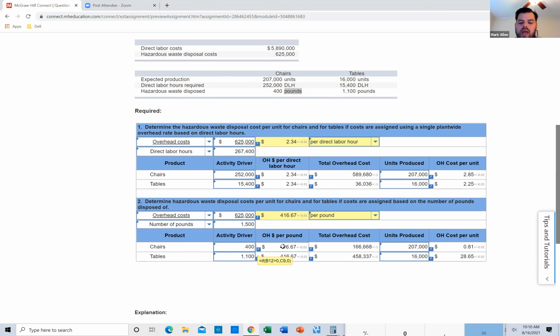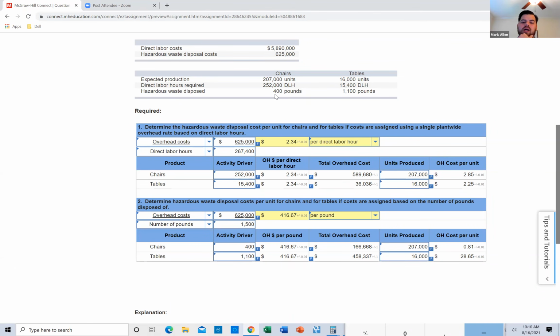tables. So now all I'm going to do is take that 625, divide that out over 1,500. Whenever I do that, I'll find that my overhead per pound for chairs and tables is $417 roughly.